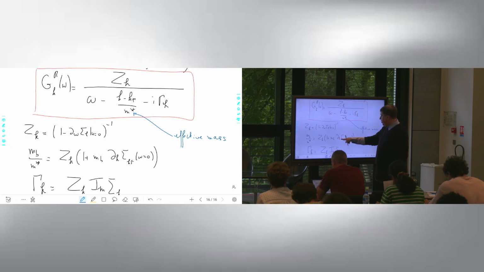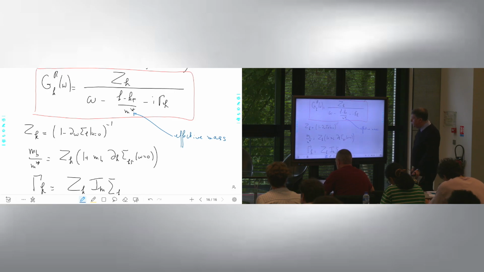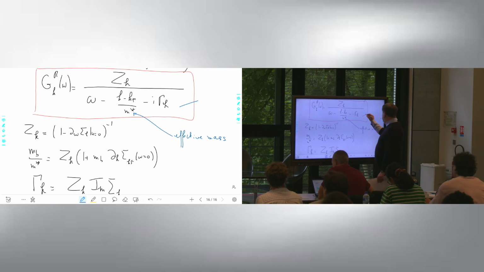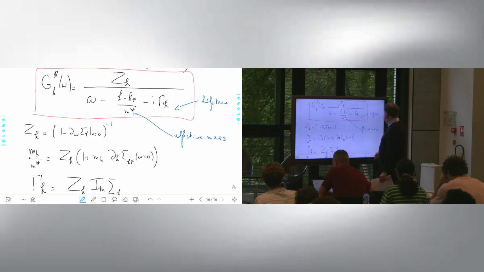We have another effect which is due to the interaction, the self-energy, and will give you the effective mass or the dispersion of the quasi-particles, and gamma, the lifetime, which we saw before, is here.